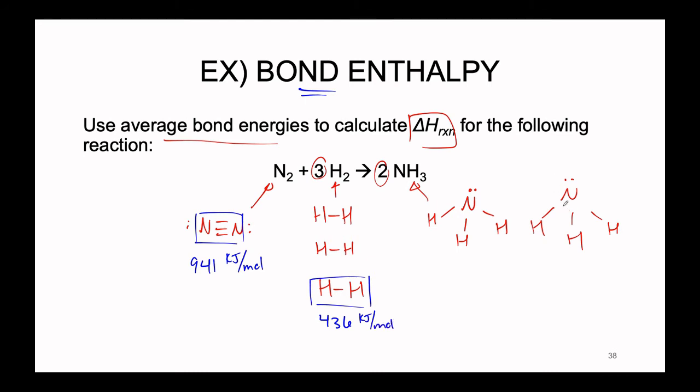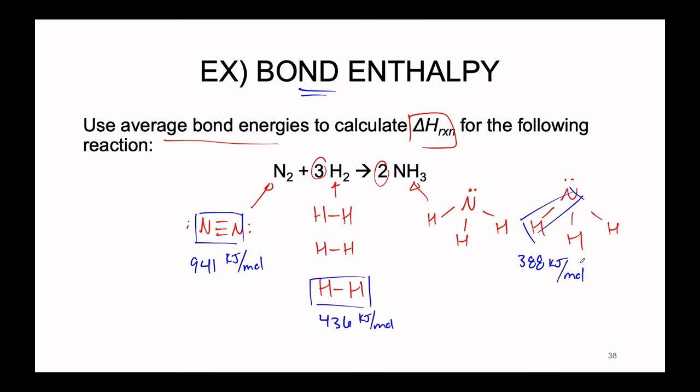And last but not least, the energy inside one of these nitrogen-to-hydrogen single bonds is 388 kilojoules per mole. Again, notice these enthalpies do not pertain to the whole molecule, but rather the bond.